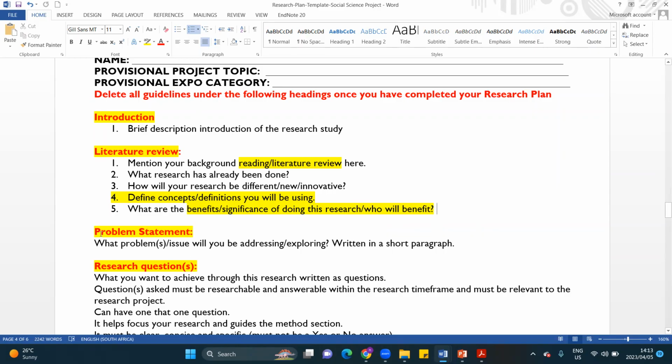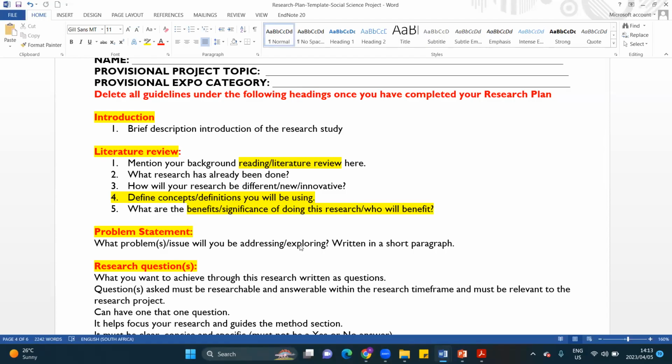Then the next heading is the problem statement. Under the problem statement, you're basically exploring the problem, explaining what the problem is and what the issue is all about. Yesterday, Nico used a very nice approach of funneling. Your introduction, you start off being very broad.